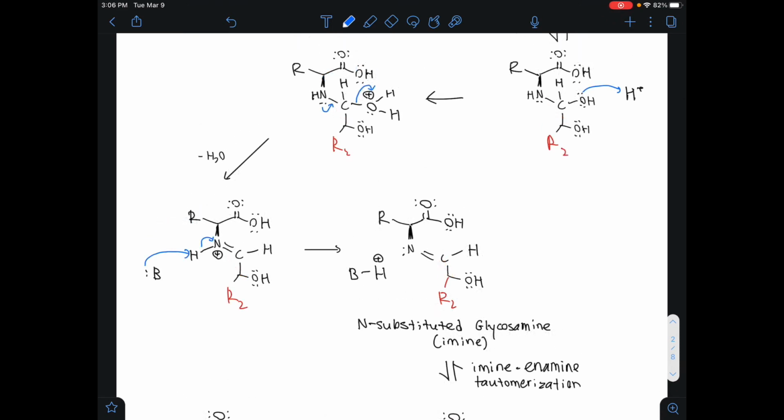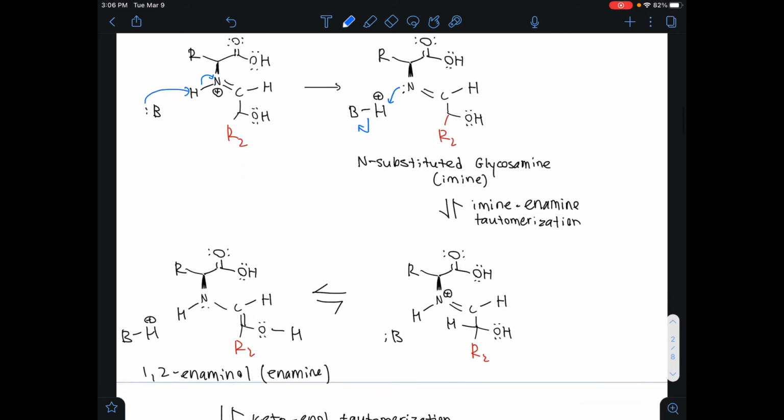Once this imine is formed, it undergoes an imine-enamine tautomerization. This occurs as the lone pairs on the nitrogen first attack this hydrogen, and then these electrons go here, and now that nitrogen is protonated.